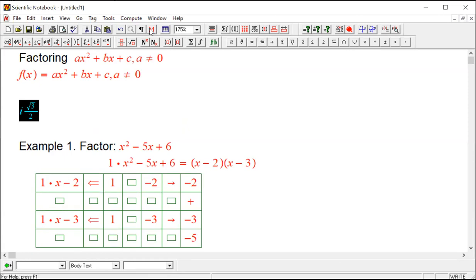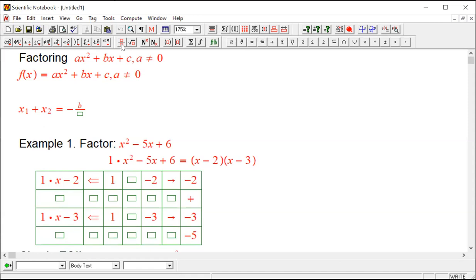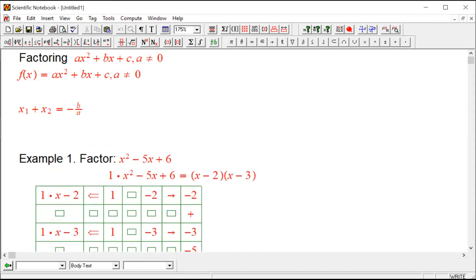The simple method says you just set it up this way: x sub 1 plus x sub 2 equals negative b over a, and x sub 1 multiplied by x sub 2 equals c over a.